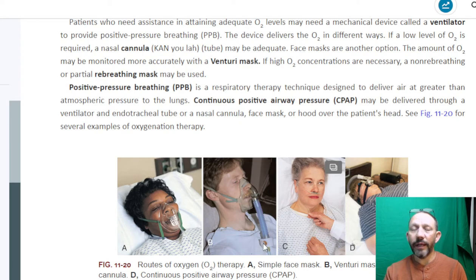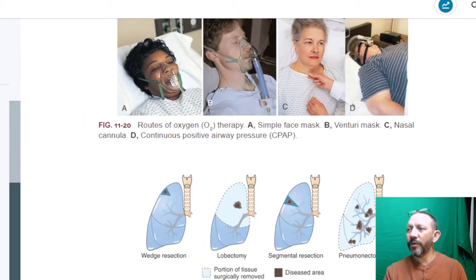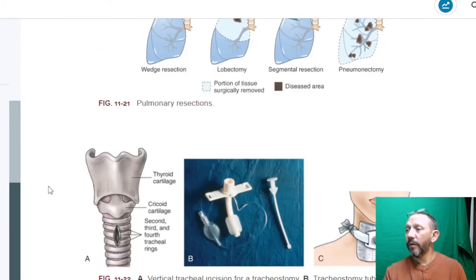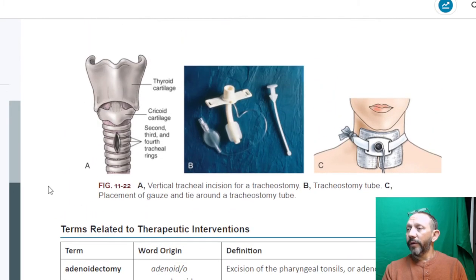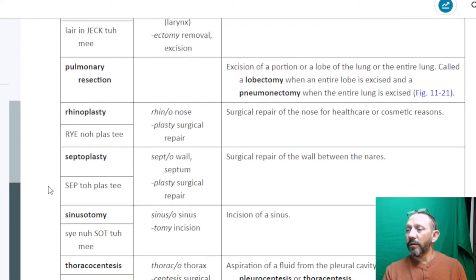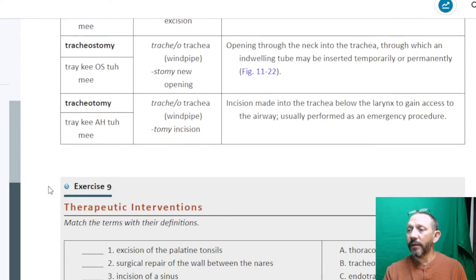You can actually add like a nebulizer to it, whereas a simple face mask is usually kind of like a rebreather, or yeah, it's a simple face mask. That's called a Venturi mask, nasal cannula, continuous positive airway pressure, like a CPAP. That's what they were using basically on people who had COVID. Oh, tracheotomies and tracheostomies. How much fun is that, septoplasty?